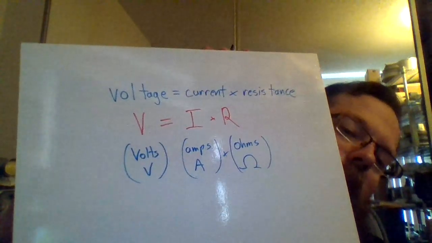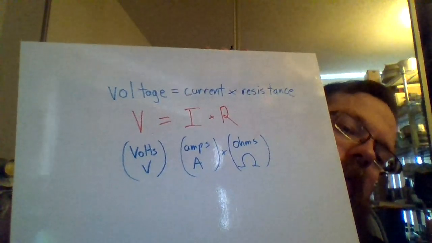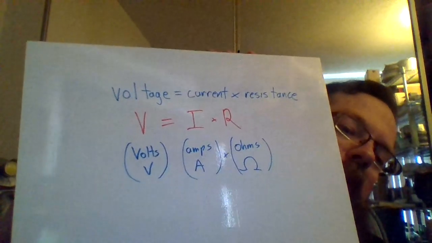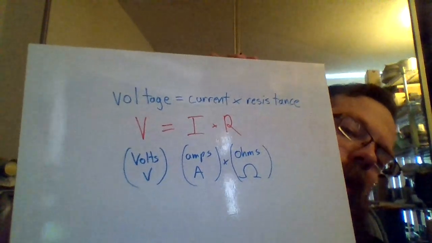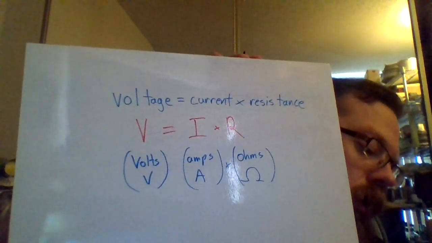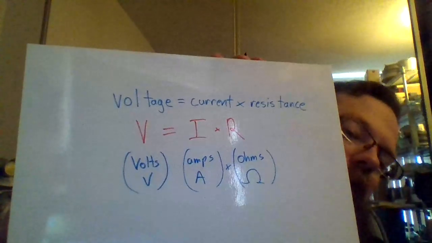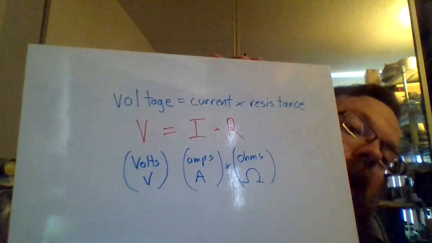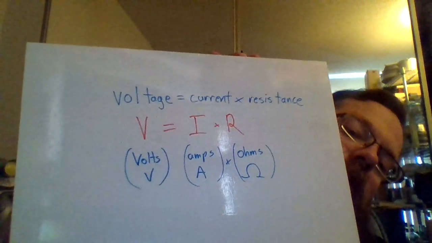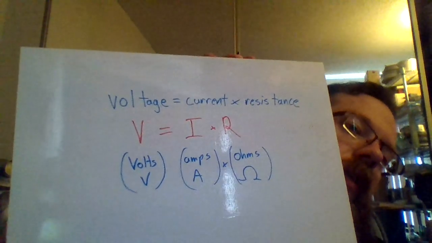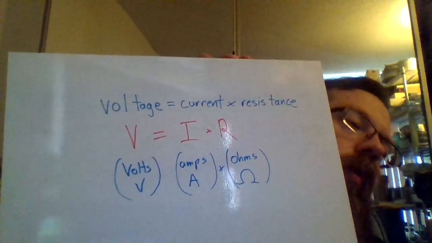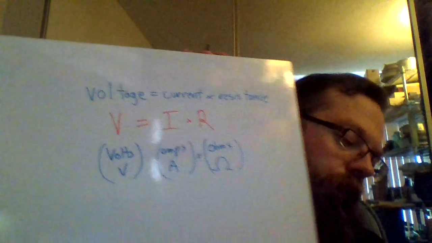Before I end this video, I do also want to show you two other versions. It's pretty simple algebra as far as algebra goes, but you also might want to solve for current or solve for resistance. We're going to give you a little bit of practice with these today just so you can get kind of a feel for putting some of these numbers into place and calculating them out.